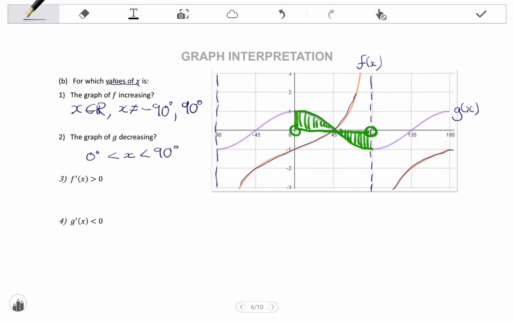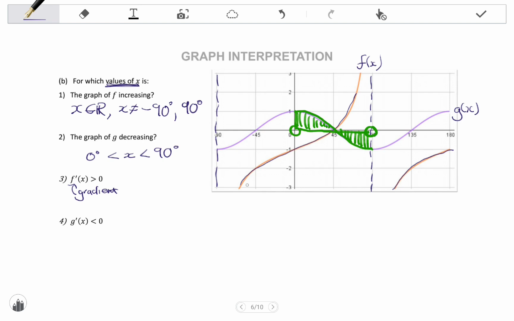Okay, looking at question 3, we want the values of x for which the derivative of f is greater than 0. Okay, remember that the derivative refers to the gradient. So where is the gradient positive? The gradient is positive when we have an increasing graph.